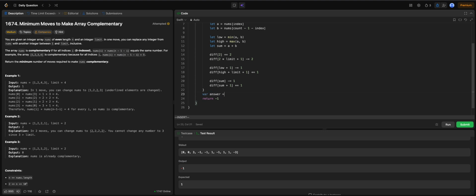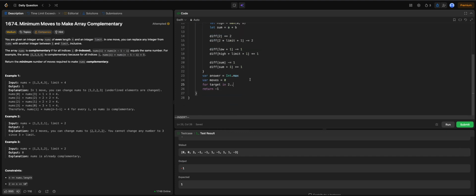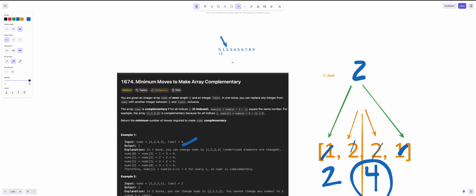Let's use the answer very same as before, an integer of max, and we need a move calculation in here. So let's do the target starting from 2, since we have an addition of extra 2 arbitrary here. We need to start the target at 2, and then 2 multiplied by limit. So that is double the limit as we consider in here.